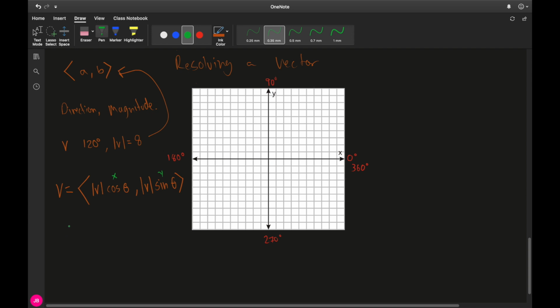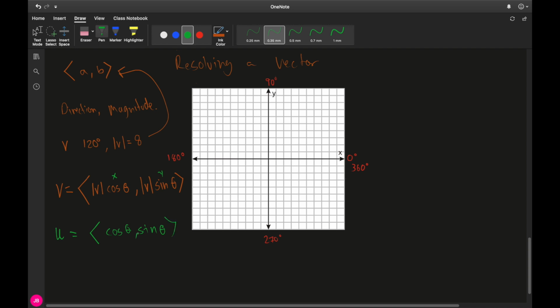In other words, if you wanted to find a unit vector, remember a unit vector which would show up on a unit circle, which would give you the coordinate points of the unit circle for this particular vector in this particular angle, we could actually just ignore the magnitude, and it's simply going to be the cosine of theta, comma, the sine of theta.